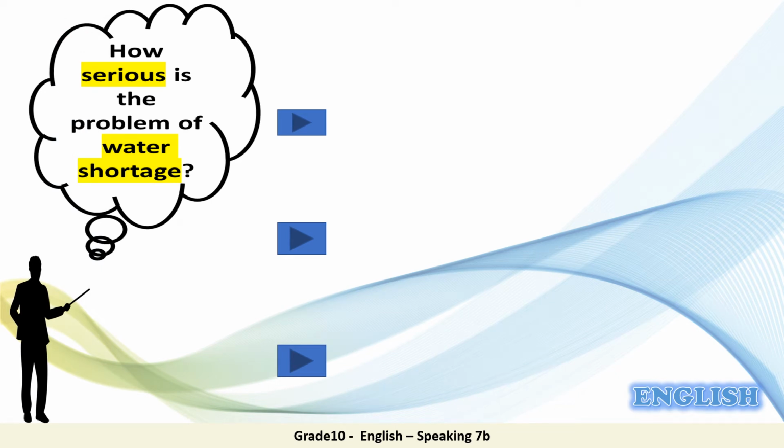Thoroughly, we are going to answer these questions about water scarcity. The first question is, how serious is this problem? Dear students, pause the video and think about adjectives to describe it. Let's correct. Yes, indeed.